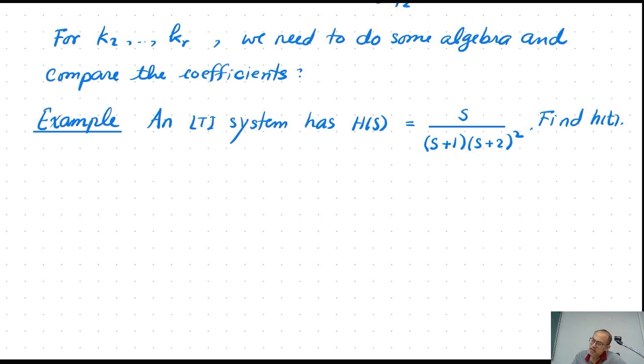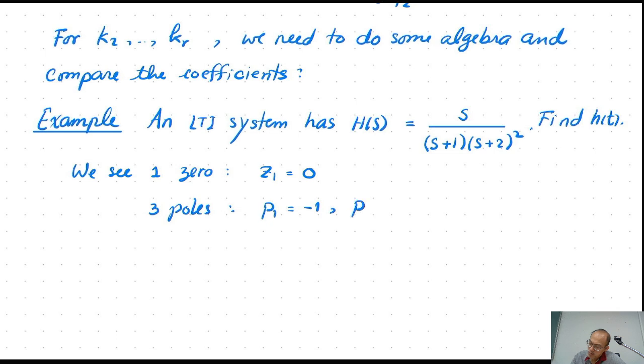Looking at H(s), we see how many zeros are there? How many poles are there? We see there is 1 zero, and that zero is at 0, right? Because the numerator is s minus 0, and so the only zero is at 0. And how many poles are there? 3 poles, right? There are 3 poles. The first is at -1.